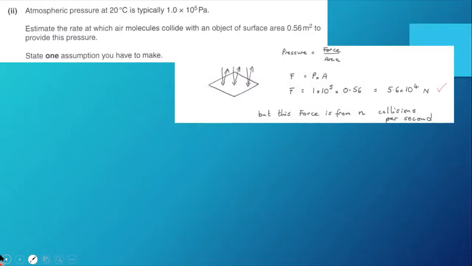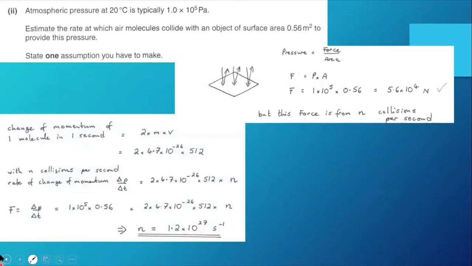Now, let's just think about this, the rate at which air molecules collide. This force is from n, small n, collisions per second, let us suppose. So the change of momentum of one molecule is 2mv, that is 2 times the mass of a molecule. I told you to remember that on my previous slide. We've worked out v. So with n collisions per second, the rate of change of momentum is this times that times n.